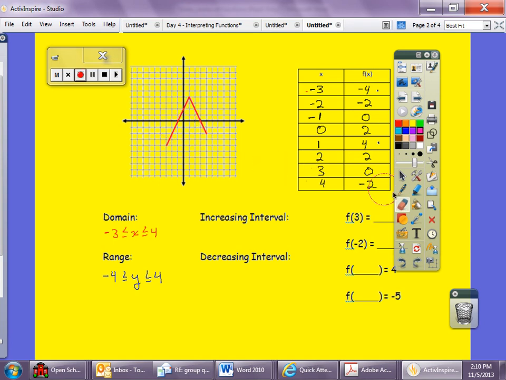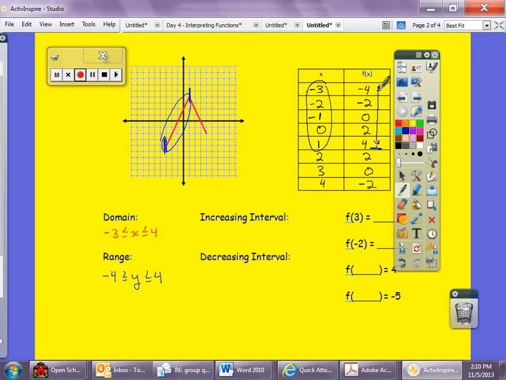Then we get to the increasing and decreasing interval. If we look at this graph, it's increasing. It's going up from here to here, and then it stops going up. It's going up from negative 3 to 1.